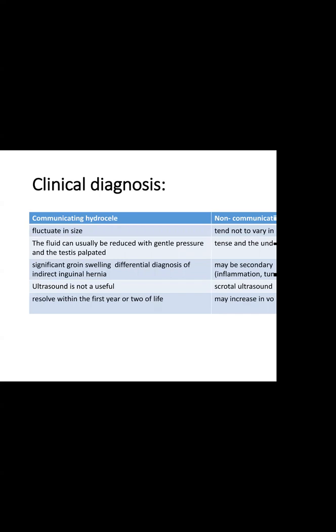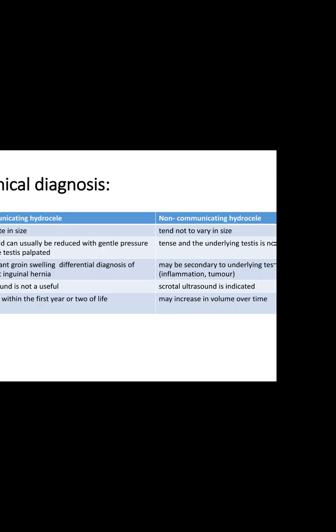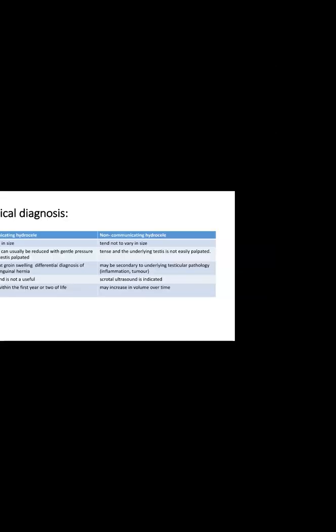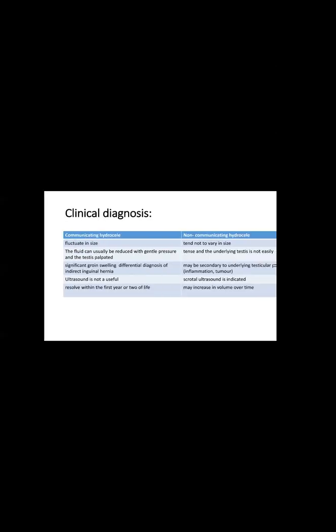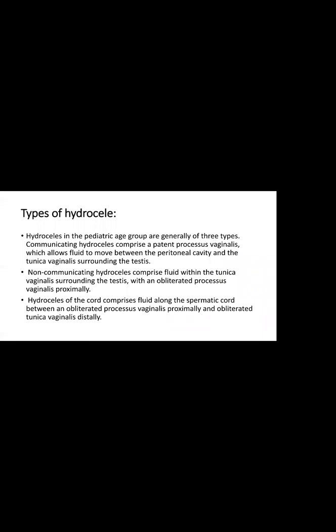But in the non-communicating type, we're probably going to need some surgical intervention. And that's it, the inguinal hernia and the hydrocele.